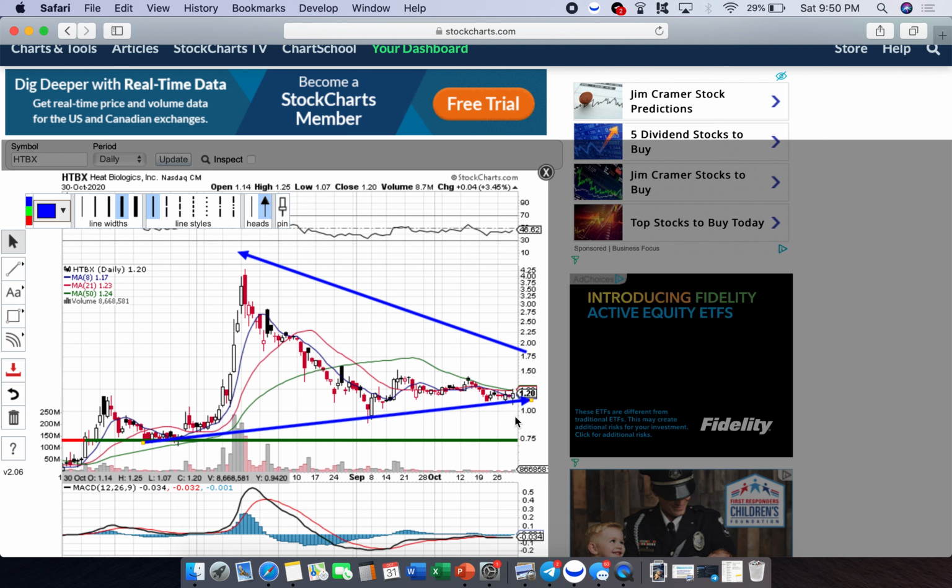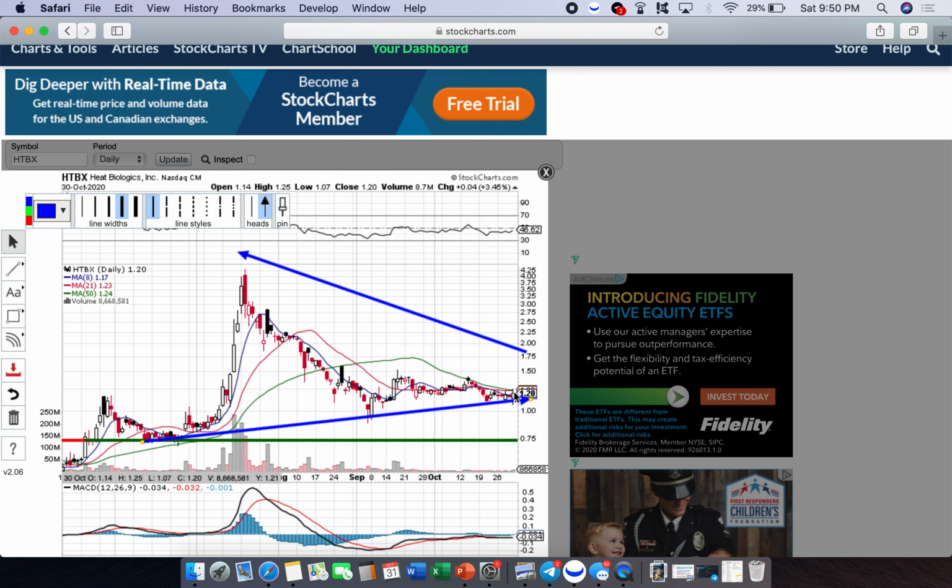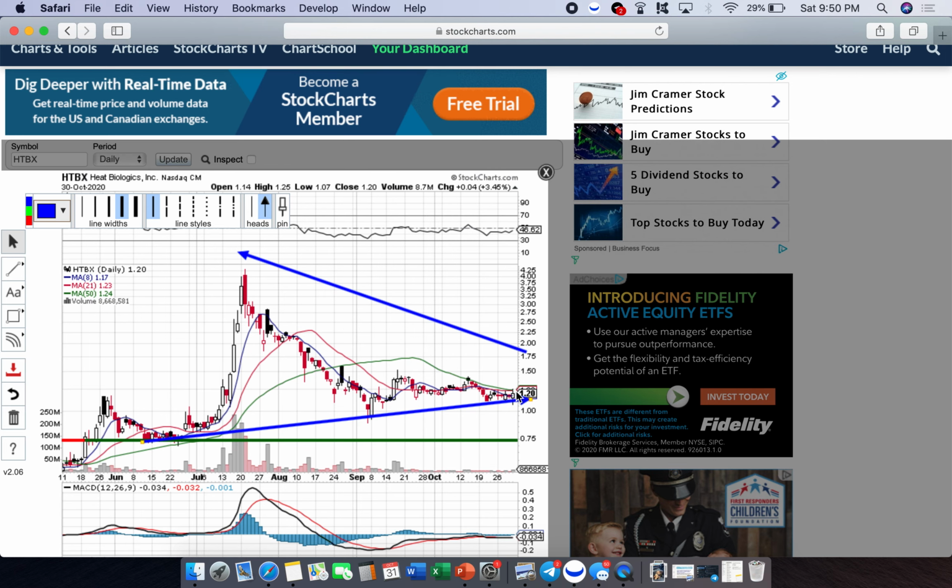It almost broke that trend line, which would have been really bad, but it wound up holding the trend line, and most of the trading was done above it. The 21-day moving average is at $1.23, and I was looking for it to finish above that. That would have formed a green hammer, which is very bullish going forward for the stock price.